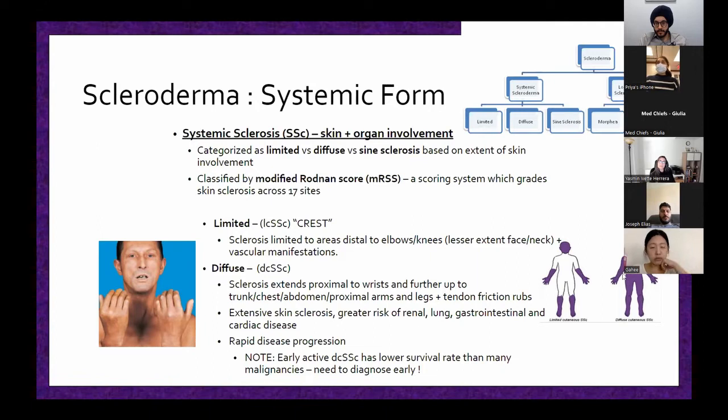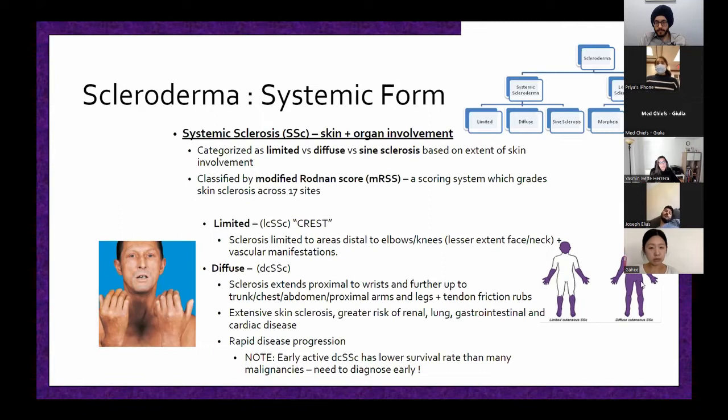It can cause tendon friction rubs, and because it is more diffuse, what is happening to the organ system of the skin also can occur in the internal organs of the kidneys, lung, GI, and cardiac systems. Of note, active diffuse scleroderma can progress quite rapidly.